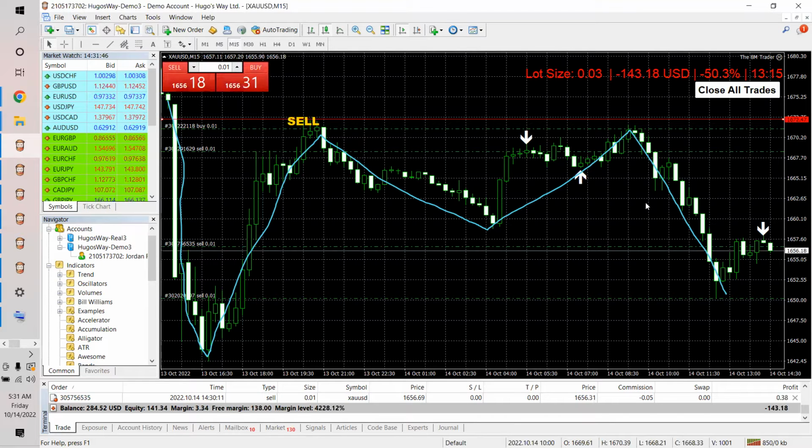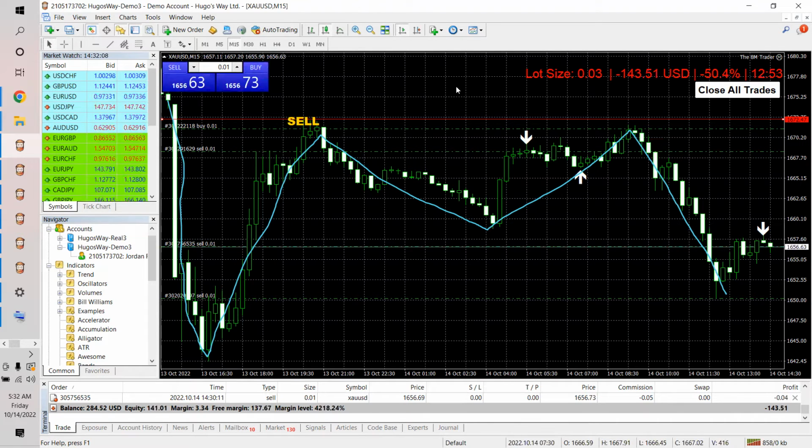Ultimately, that means we had a mini uptrend that developed right here that is now reversing into a downtrend, which is perfect if you are looking for the sell opportunity. That is where the sell is coming from when we're looking specifically at gold versus USD.